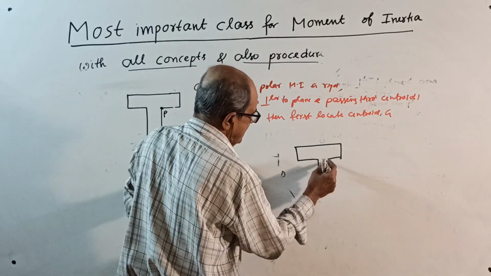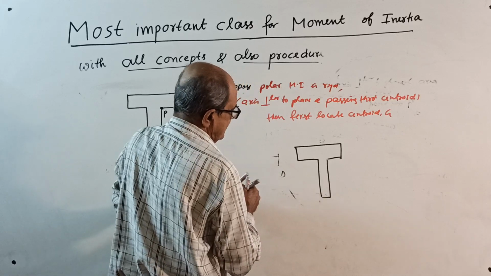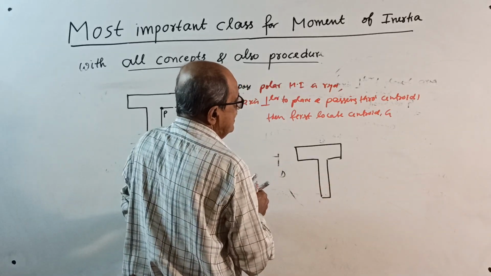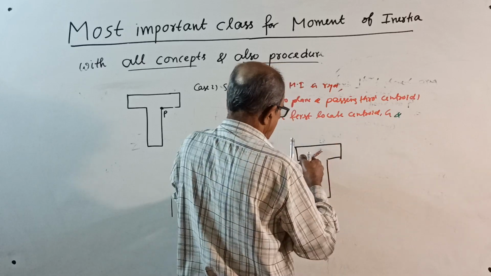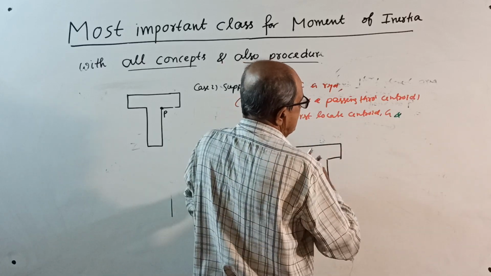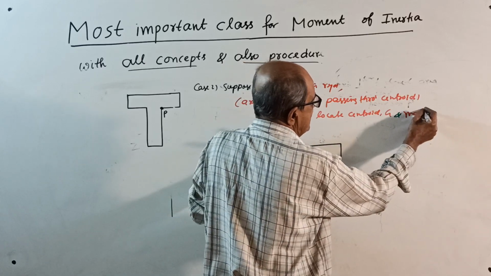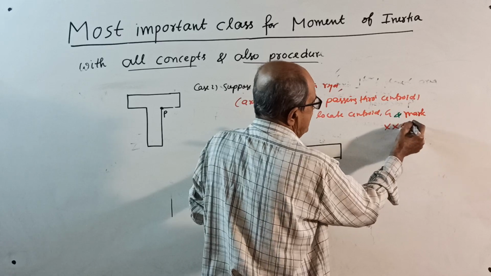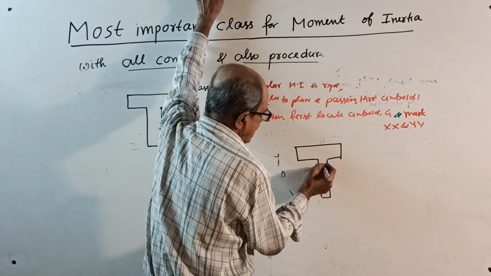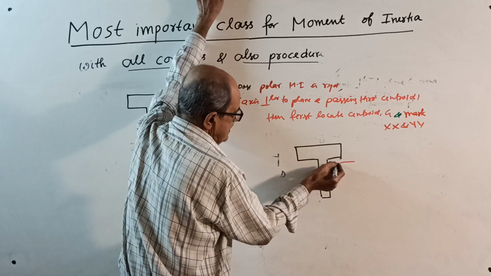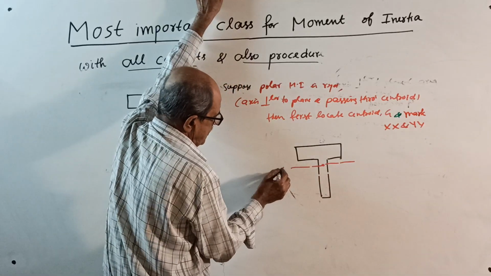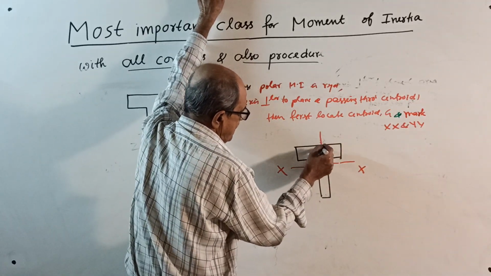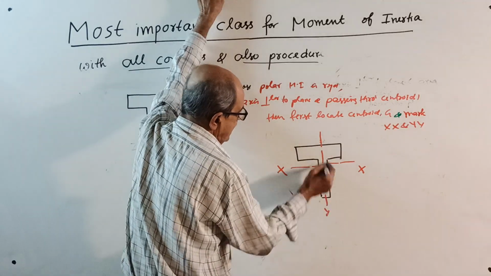Suppose imagine here, T section, it may be, and G, and mark XX and YY. See here, centroid will be here, G, mark XX, mark YY.